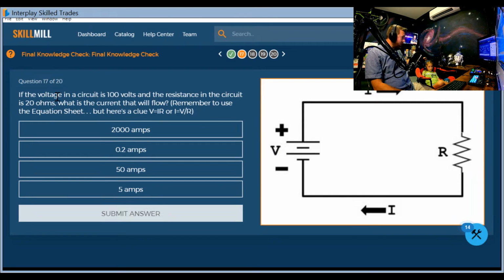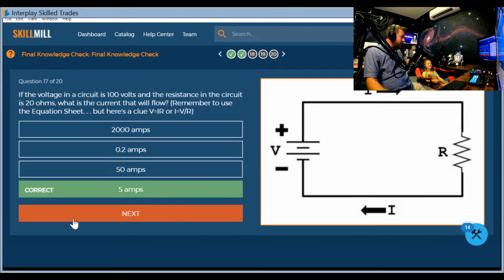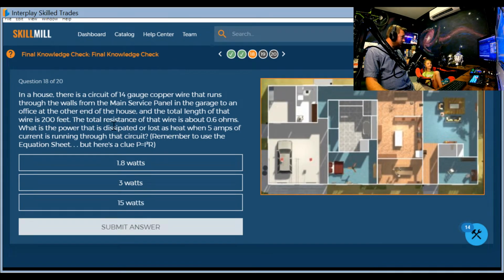Or is it 100 divided by 20? I think it's 50. 5. It's 100 divided by 20. Okay. It's going to be 5 amps. This one's tricky. So you better help me with this one.